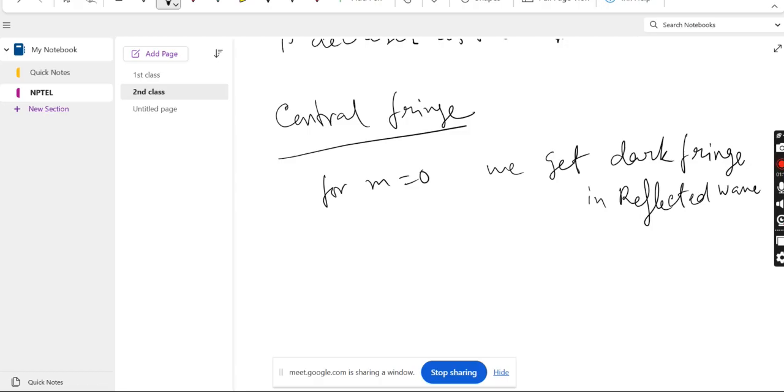But it is only possible when m is equal to 0, which means the thickness d is also equal to 0.